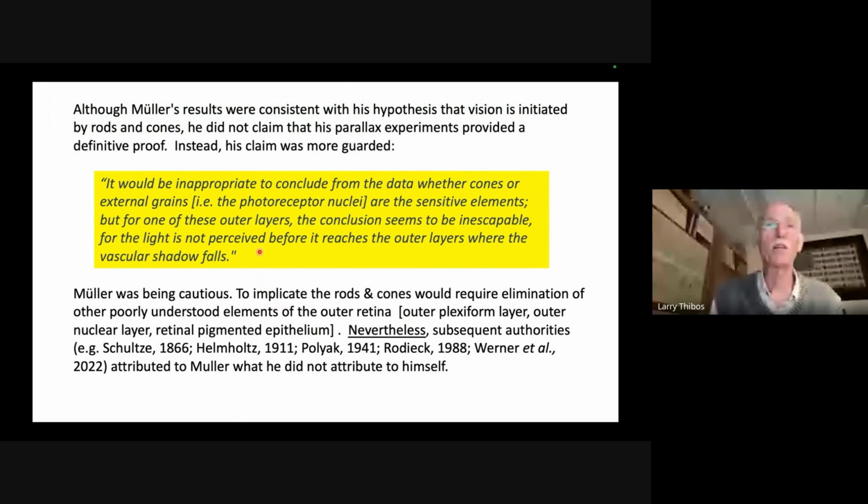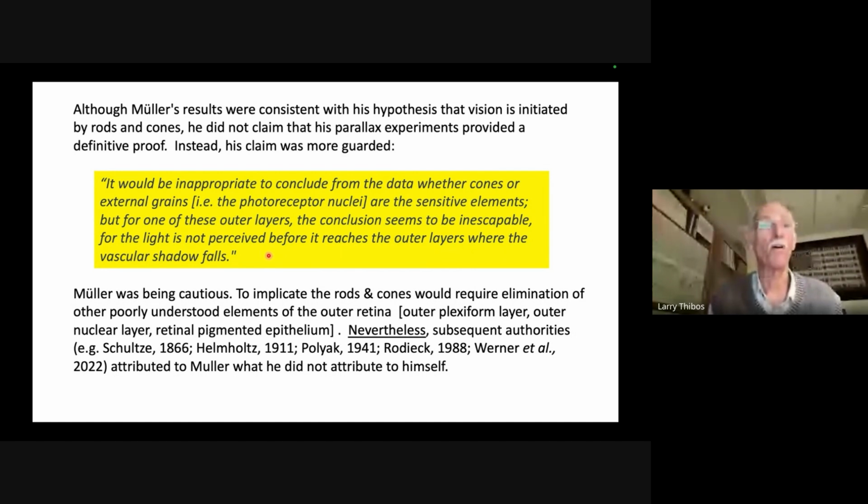He said, "It would be inappropriate to conclude from the data whether cones or external grains, meaning the photoreceptor nuclei, might be the sensitive elements. We don't know. But for one of those outer layers, the conclusion is inescapable, for the light is now perceived before it reaches the outer layers where the vascular shadows fall."